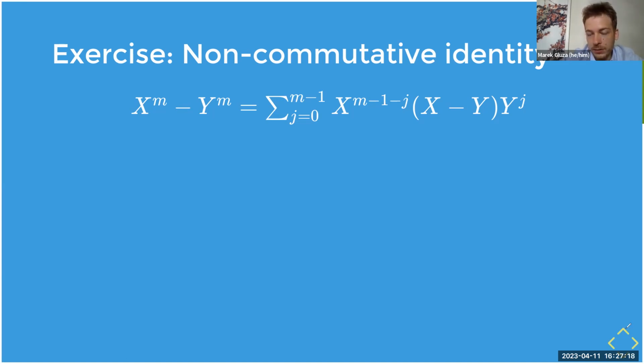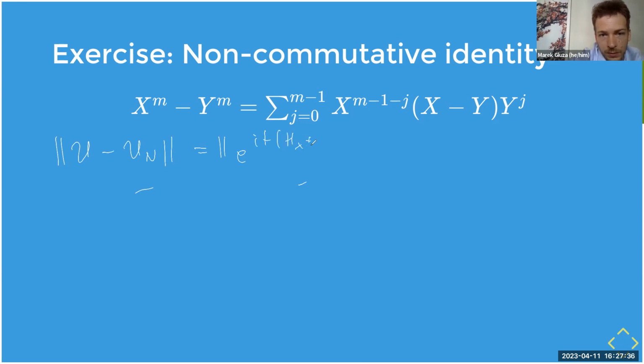I mean, just the bound itself is quite easy, but let's consider this problem that I have, u minus un, and let me show it this way, that basically here I have e to i t hx plus hz.